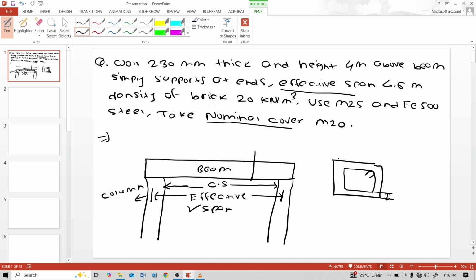Effective cover is nominal cover plus half diameter of stirrups. Here is the main bar. Effective cover is nominal cover plus diameter of stirrups plus half diameter of main bar.